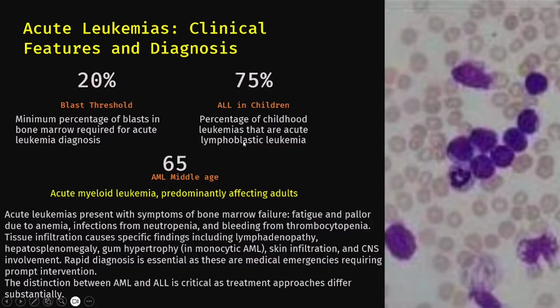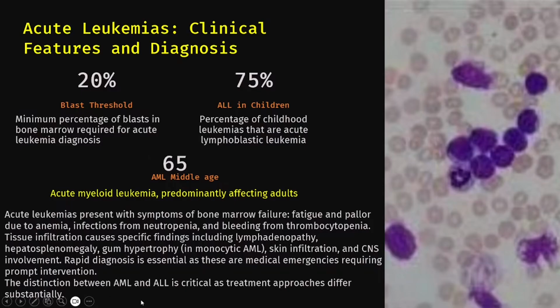Percentage of childhood leukemias that are acute lymphoblastic leukemia, ALL, 75% ALL in children. AML or acute myeloid leukemia predominantly affects middle-aged adults, almost 65 years.